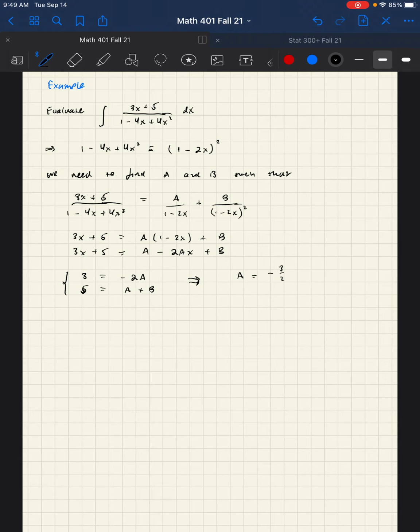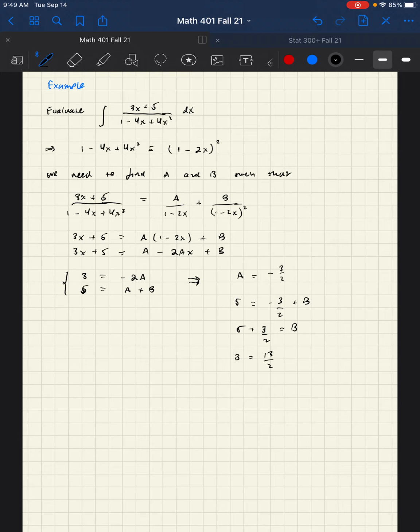A equals negative 3 halves, because if you just divide that first equation by negative 2, you get this. And then plug that into the second equation. So 5 equals negative 3 halves plus b. So 5 plus 3 halves is b. And that means b is 13 over 2.